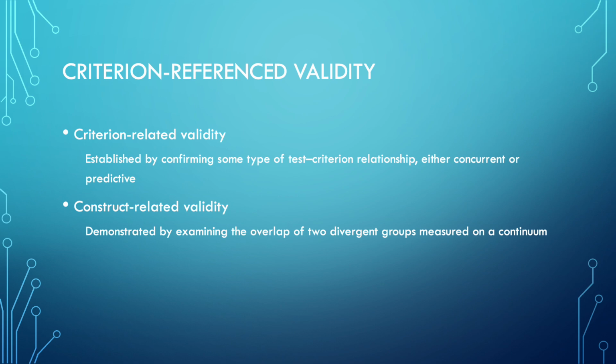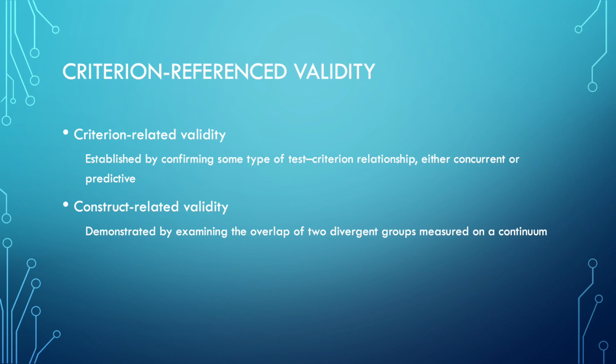Criterion referenced validity is established by confirming some type of test criterion relationship. This is either concurrent or predictive. If we remember, concurrent happens at the same time, and predictive is using data now to predict future achievements.